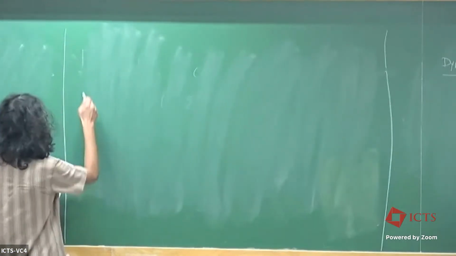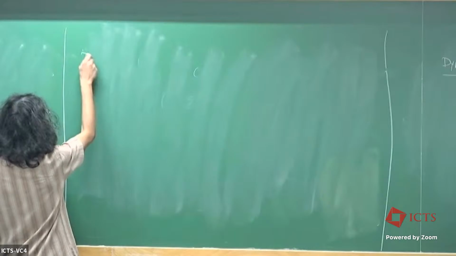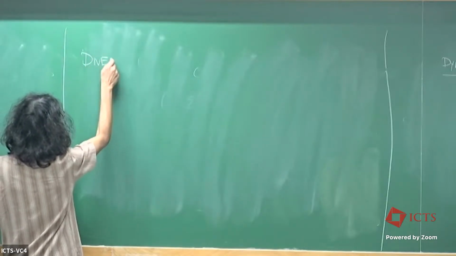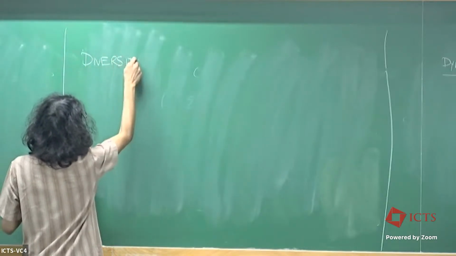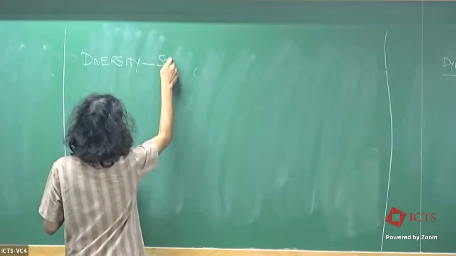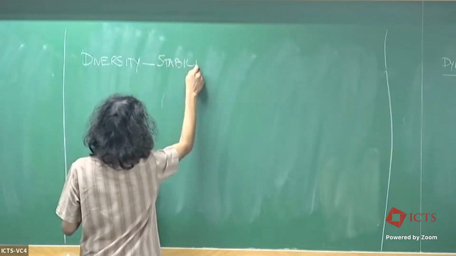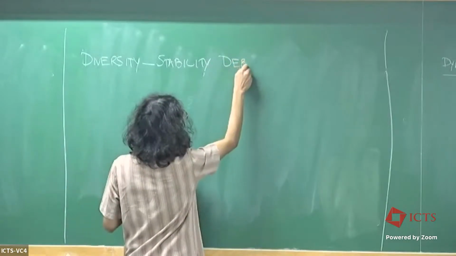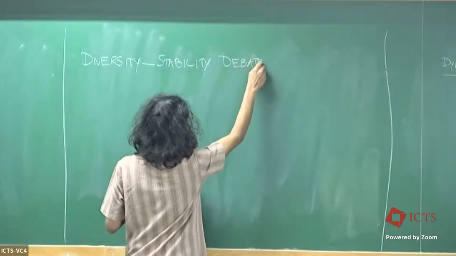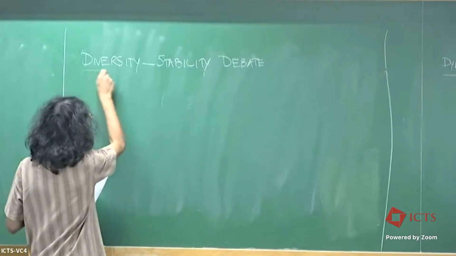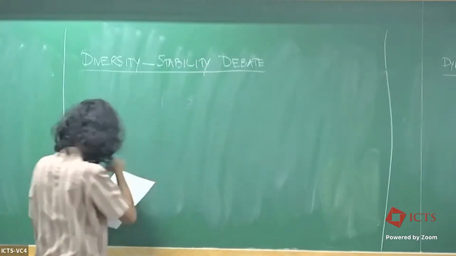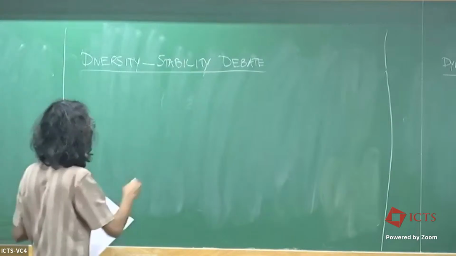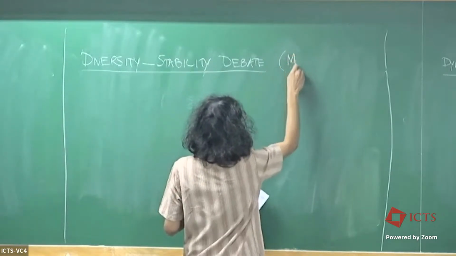What's the consequence of thinking about random matrices? This is what's been called in ecology the diversity stability debate. And if you don't see why it's a debate yet, hopefully you'll see by the end of today's class. And this is due to May, 1972.